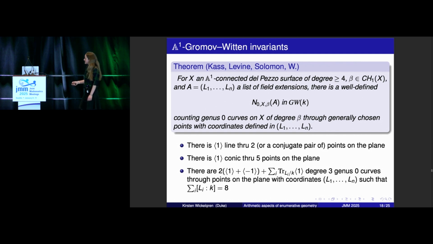And now the answer depends on which points you choose. So it's 2 times this diagonal form with 1 or minus 1, plus this term here, which depends on the fields of definition.